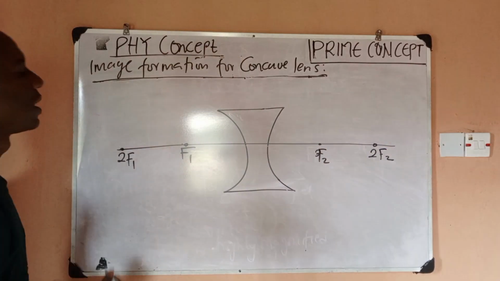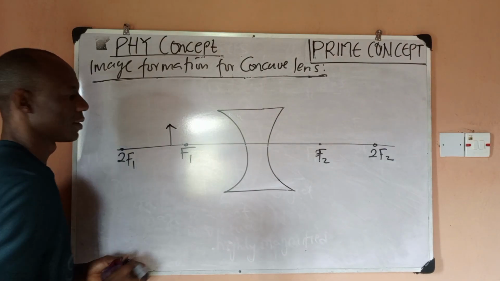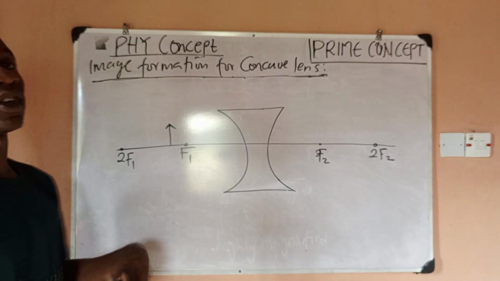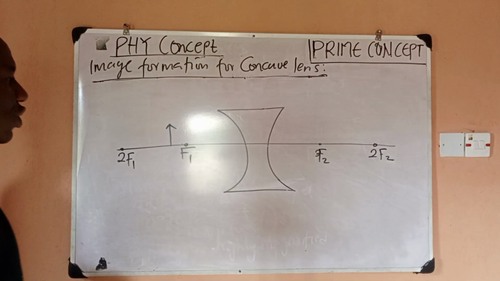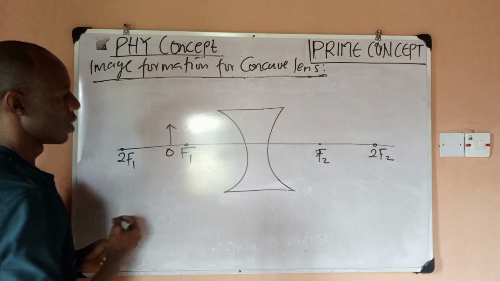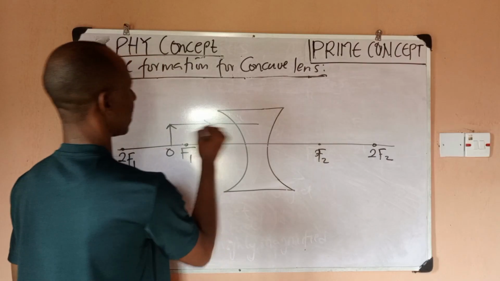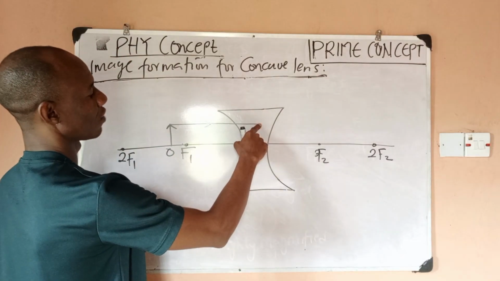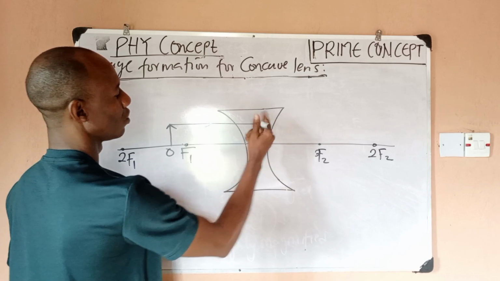So I want to place my object anywhere, just anywhere. Because anywhere you place your object, your image is formed on one particular side, it doesn't change. So this is my object, right? Let me denote it with O. So if I follow the rules, I have a parallel ray like this. When it hits the center of my lens, because this is a diverging lens, what will actually happen is that the ray will do what?